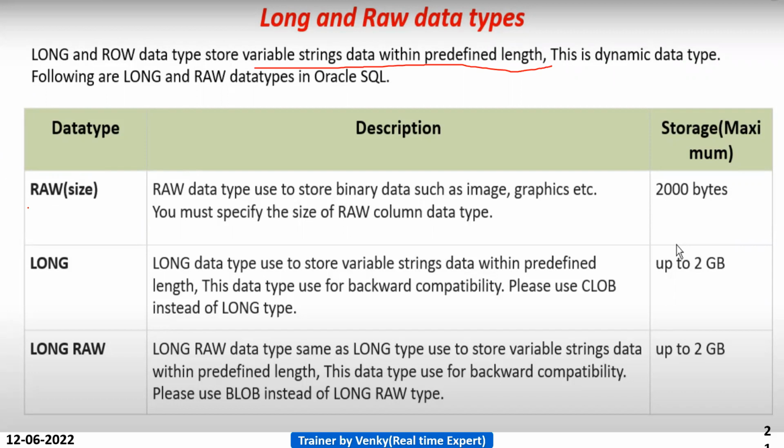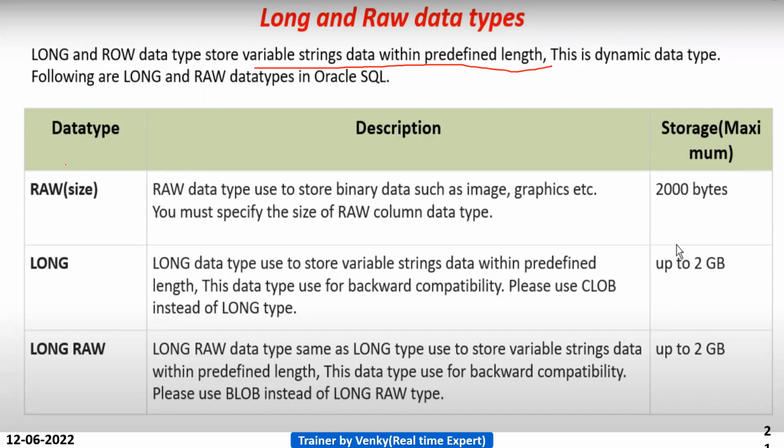In this situation, I need to just store my image and signature. It's below 2000 bytes, and I have to put the restriction on the customers or employees whoever is joining my organization. So how can we put that?